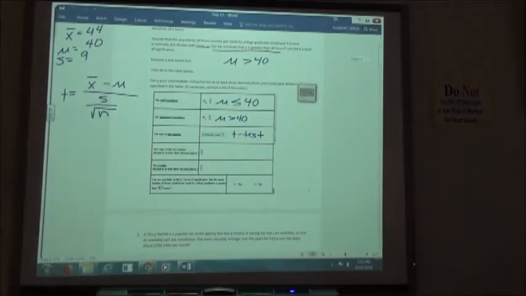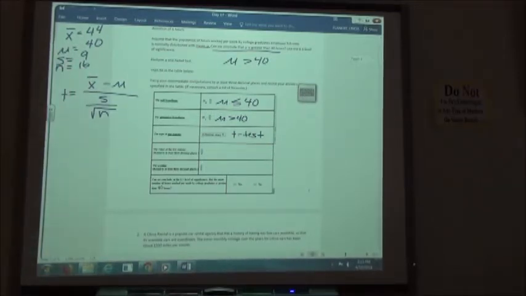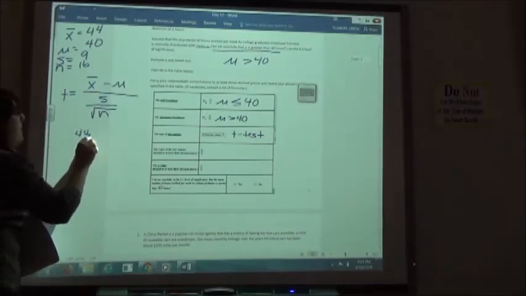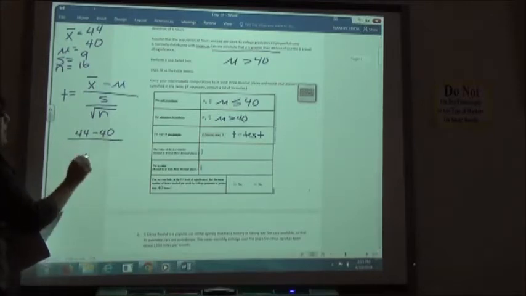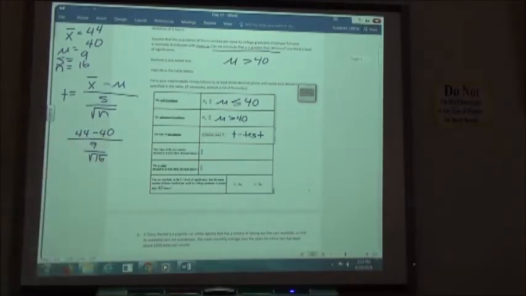And then n. n, how many people did we survey? 16. All right, so we're going to plug our numbers into our formula. We are going to have 44 minus 40 over 9 divided by the square root of 16.